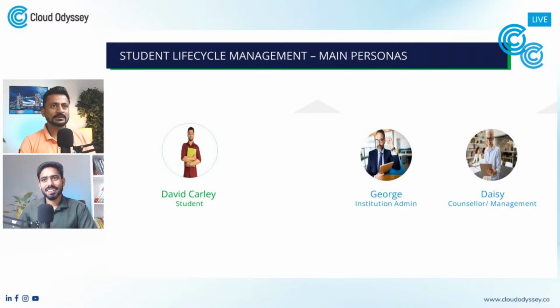I have tried my best to put everything in one single diagram. We will also see how the institution admin, or anybody for that matter, who are all those personas interacting with David. We will see that in the diagram.